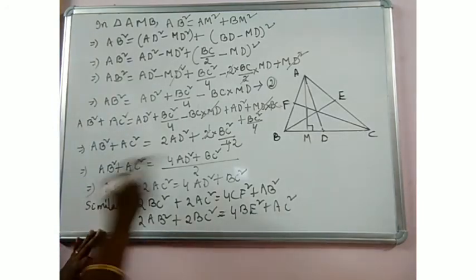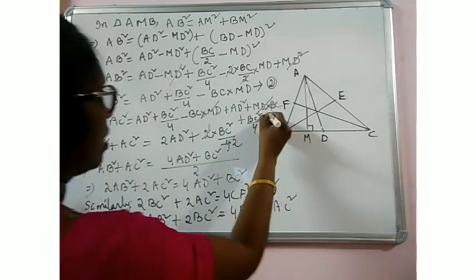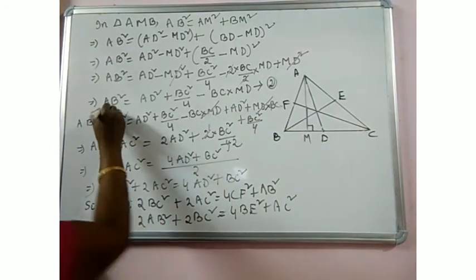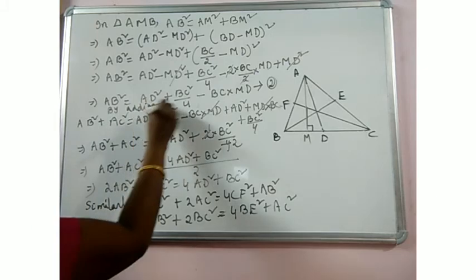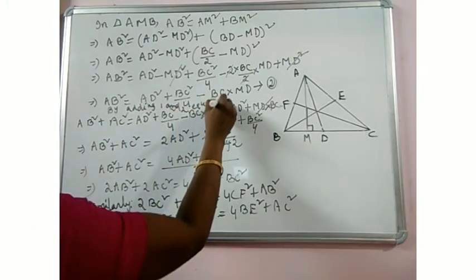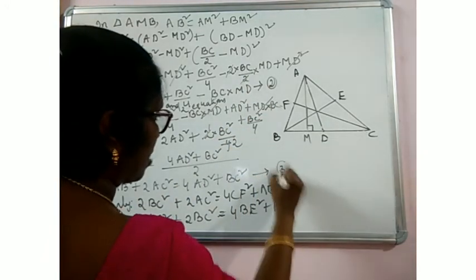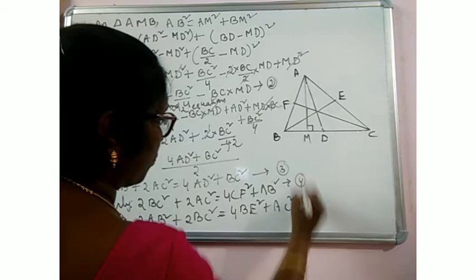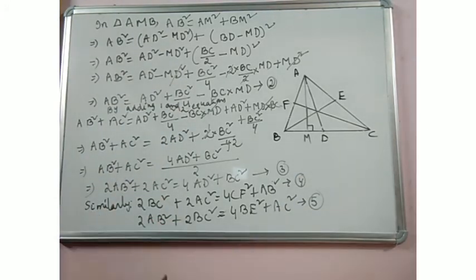So here we added the 1 and 2 equations. So two equations we got. Now let us take it as third equation, this one 4, this one 5. So now we got these 3 equations.